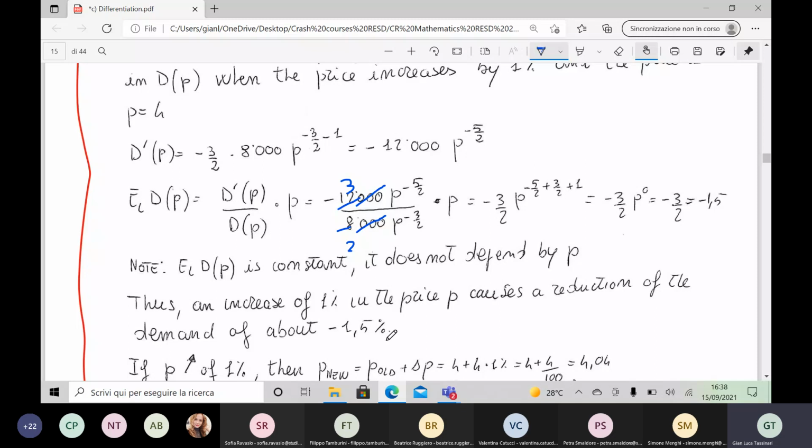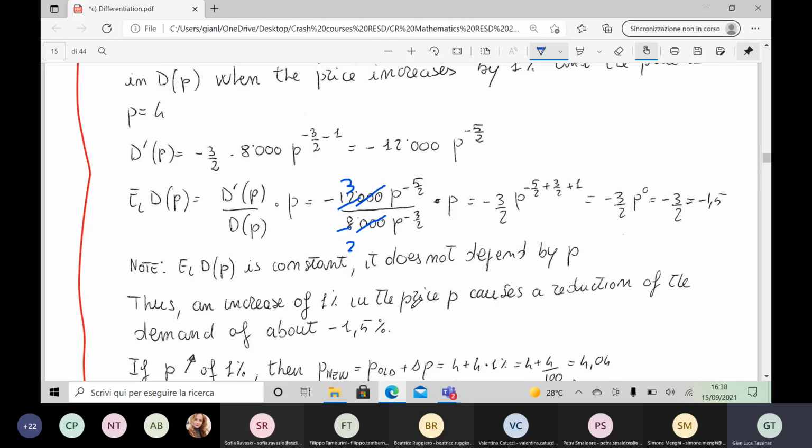So an increase of the price of 1% produces always a reduction of the demanded quantity by -1.5%. Question, why did I say always? Since this is constant, you see it does not depend on P.